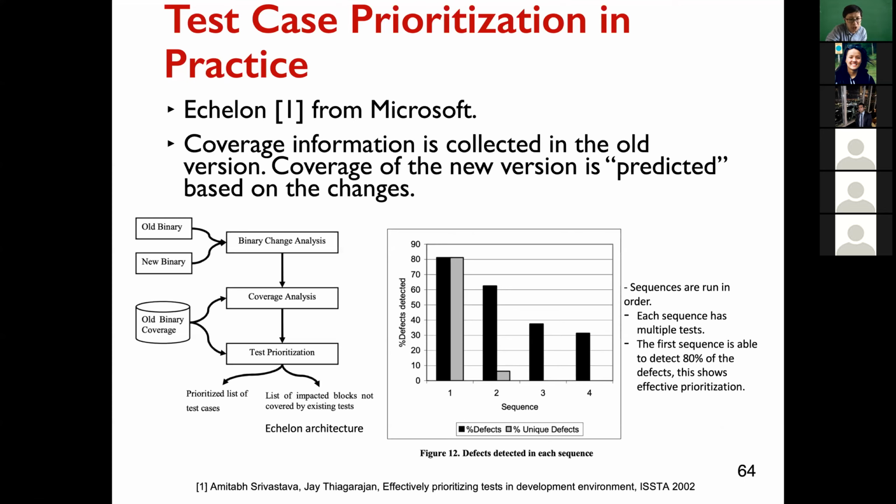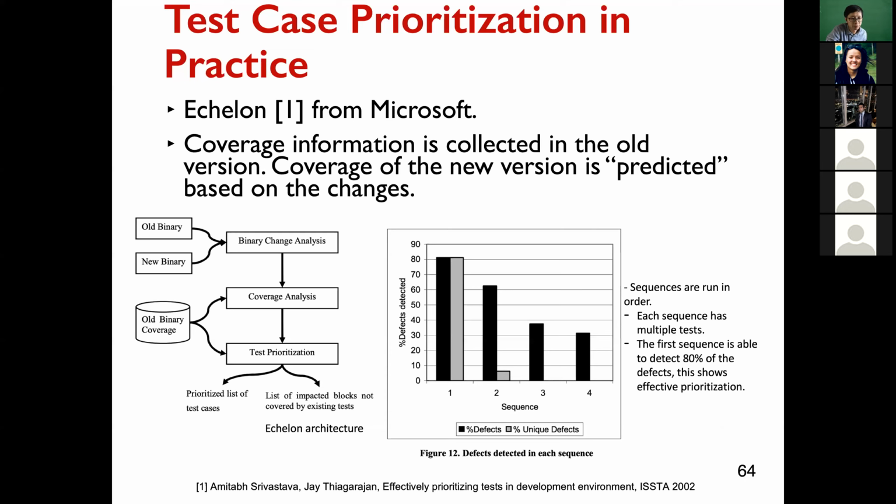Here, I just want to mention that for each sequence, there are multiple test cases, right? And we can look at here. The first sequence is able to detect 80% of the defects, right? So this is a prioritization. We run the first sequence first, then the second, then the third, then the fourth.